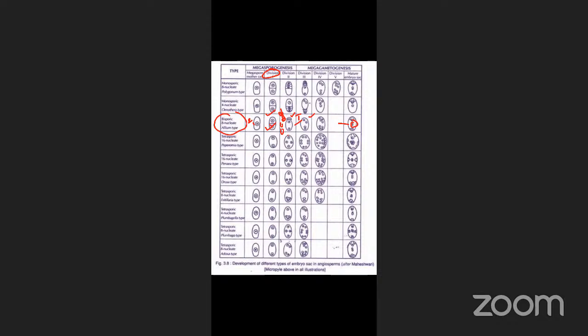But the end product is common, the same as Polygonum, the embryo sac: seven cells, eight nuclei, no change at all. So this is the bisporic type.